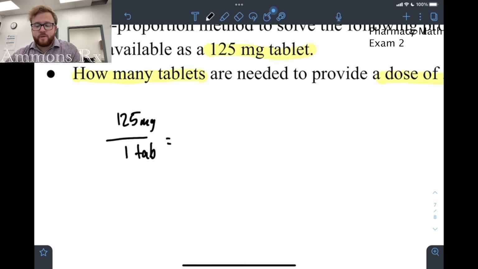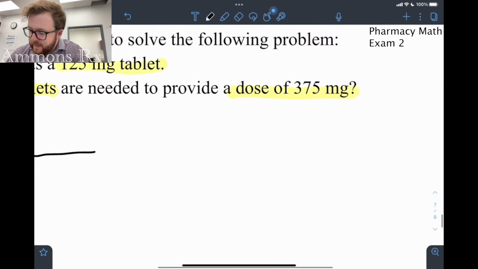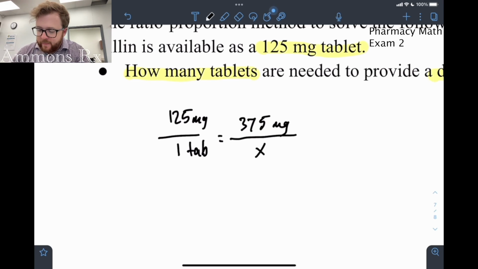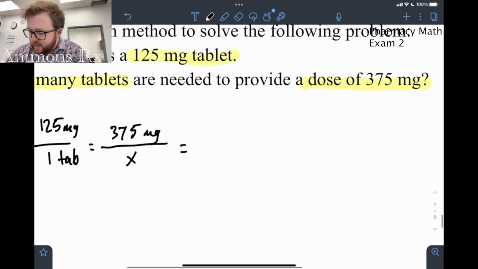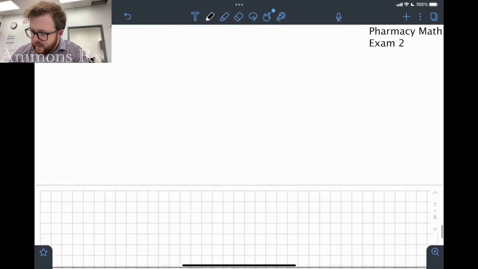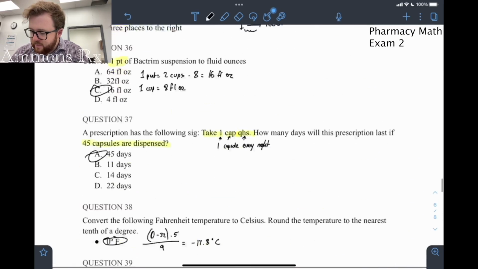So that is saying that there is 125 milligrams per one single tablet. On this side is how much we need. So we need 375. We don't know how many tablets that is going to take. So it's 375 divided by 125, which is just 3 tabs. And I think that is all.